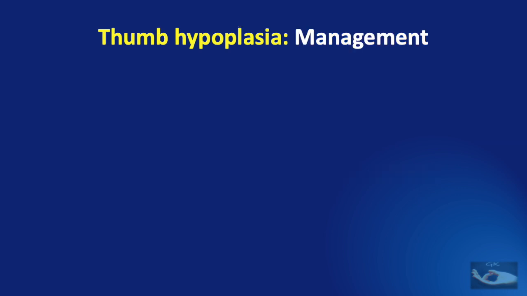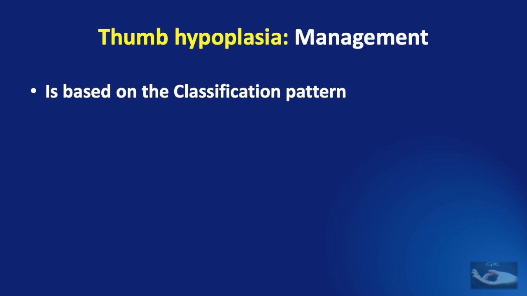Management of thumb hypoplasia is based on the classification pattern. So now that we have understood the classification pattern, we shall see the management of this thumb hypoplasia in the different types in the next video.